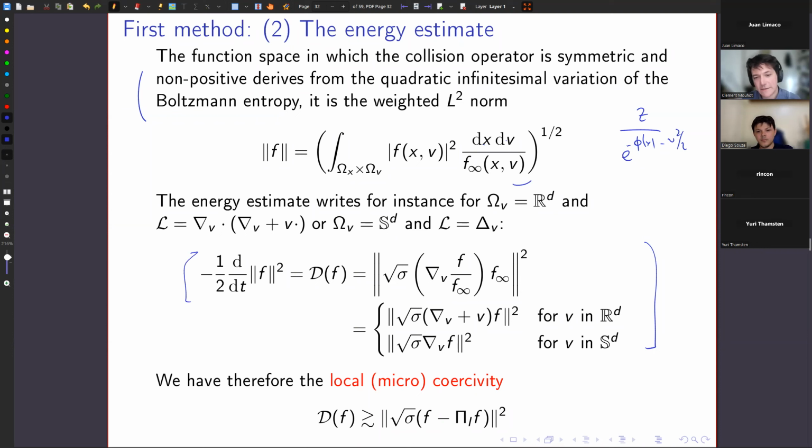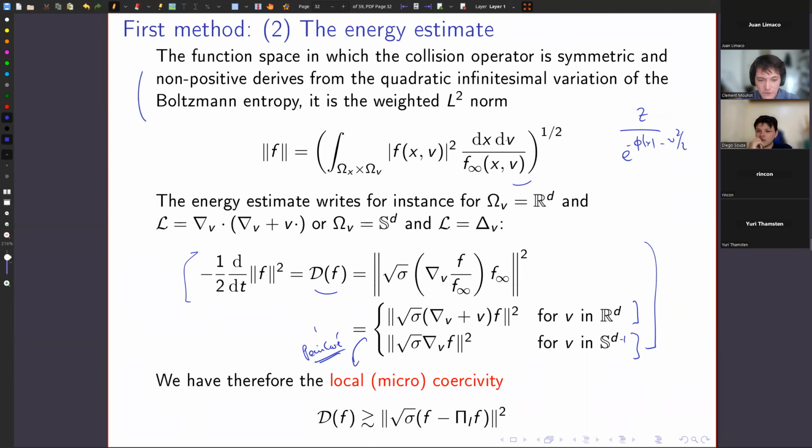And you can exactly see what is the associated dissipation function, and it's what I wrote here. So here I wrote it when the velocities are in the whole space, or, so it's -1, when the velocities are in the sphere.